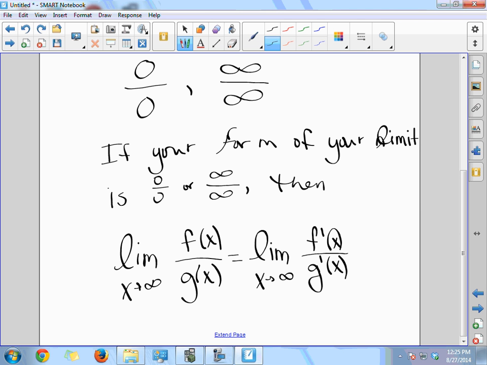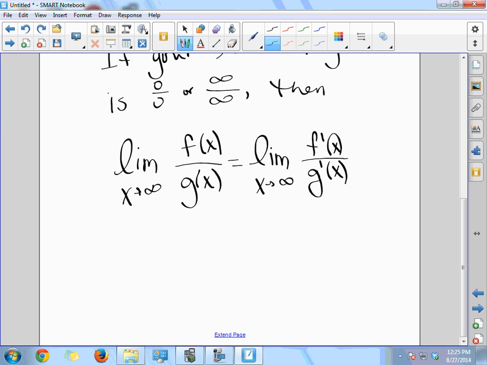Now, one important thing that my students sometimes make mistakes on is they'll think, when I have this form and I want to take the derivative, that I'm going to use the quotient rule, which is not true at all. We evaluate the derivatives of the numerator and denominator separately.